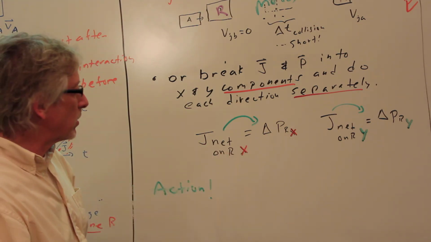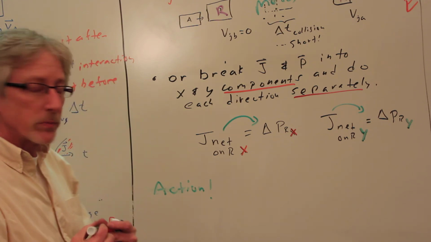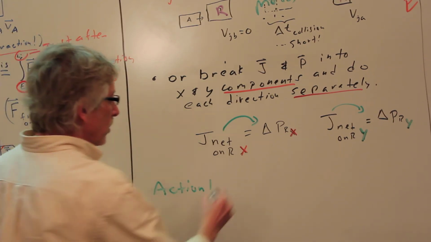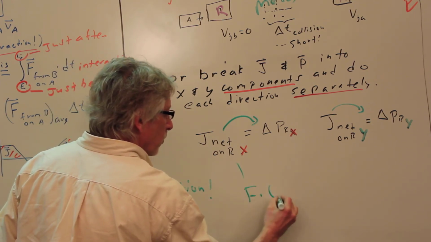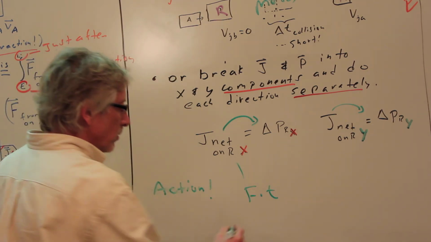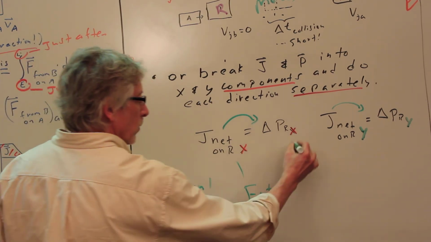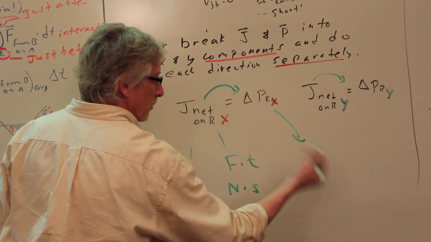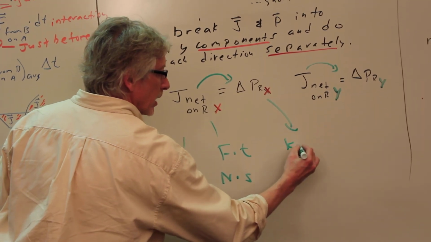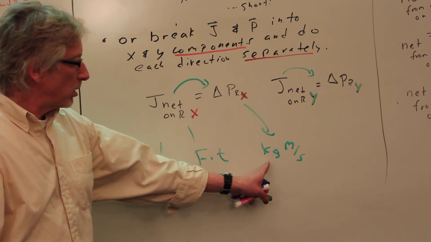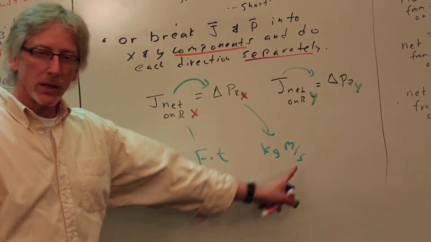So let's take a look real quickly, too, at our units. Well, real roughly, impulse is force times time, isn't it? That's a newton times a second, for example. What's this? Momentum, change of momentum. Same thing. I've got a kilogram meter per second, mass times velocity.